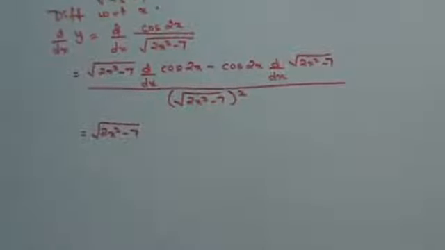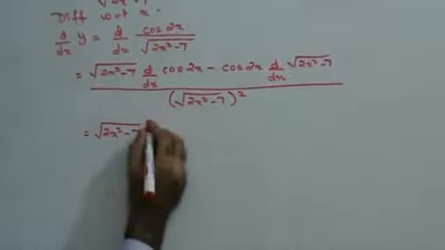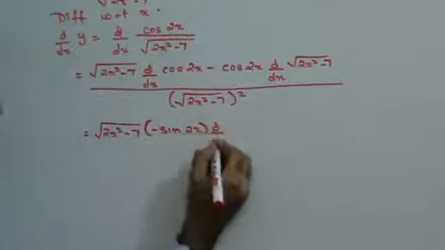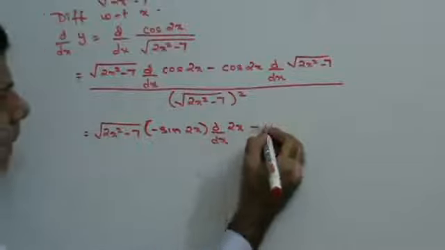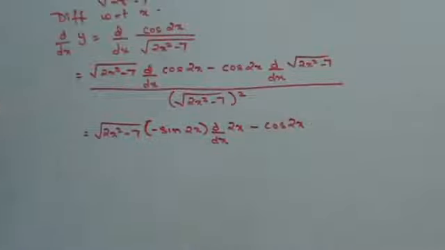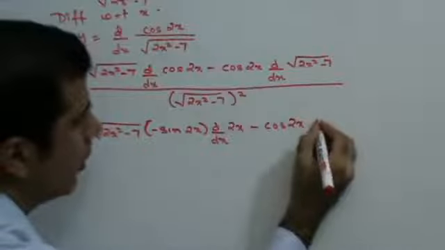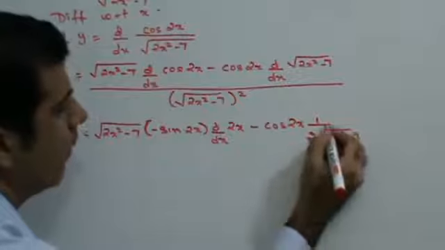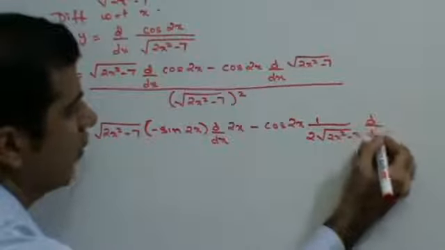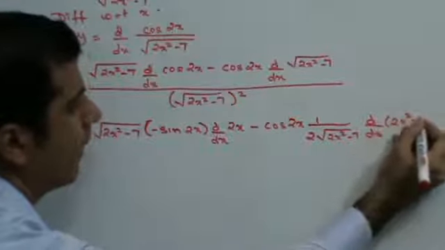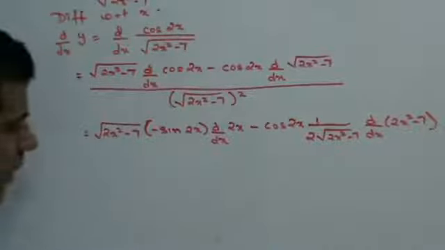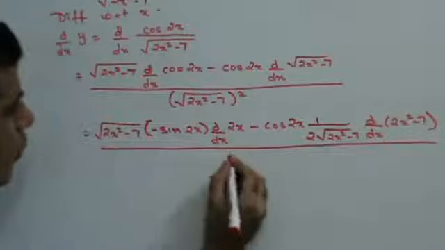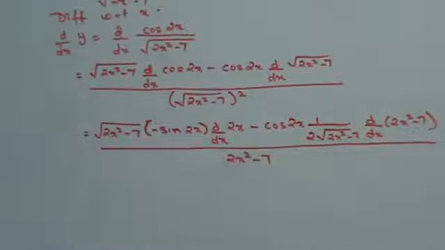D by dx of cos u is nothing but minus sin u d by dx of u, minus cos 2x. D by dx of root u is 1 upon 2 root u d by dx of u, upon, in the denominator you will have square and root cancelling each other, so you will get 2x square minus 7.